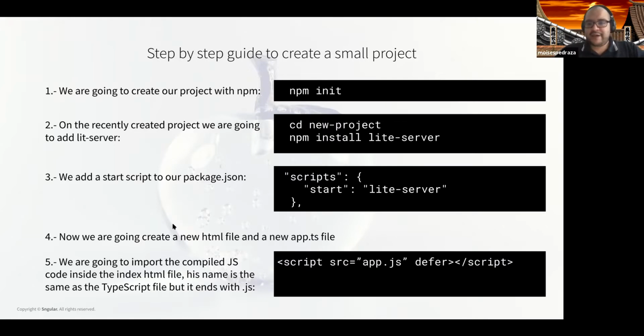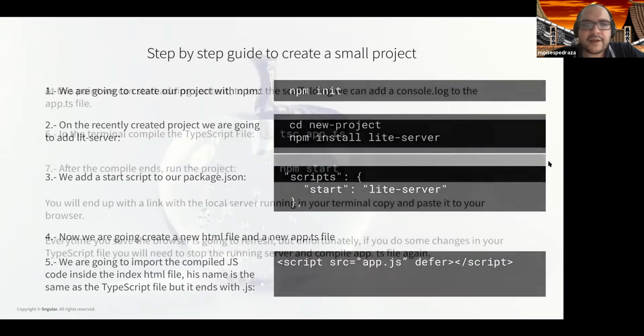Now, after we have the initial setup, we can start adding the HTML file and the new app.ts file. Inside the HTML file, we are going to import the compiled .js file inside the index, and you will want to import pretty much the same name as the TypeScript file you have, but with a JS extension.